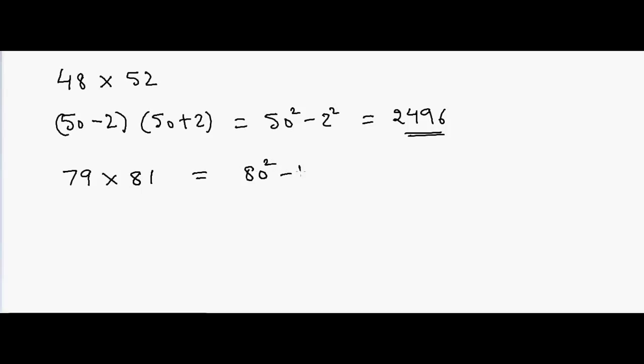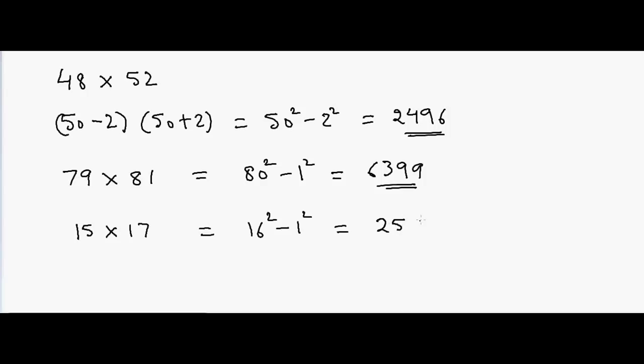Same way, suppose I have to do 79 into 81, so the answer will be equal to 80 square minus 1 square, so this will be equal to 6399. Suppose we have to do 15 into 17, so in that case it will be equal to 16 square minus 1 square, that's equal to 255.